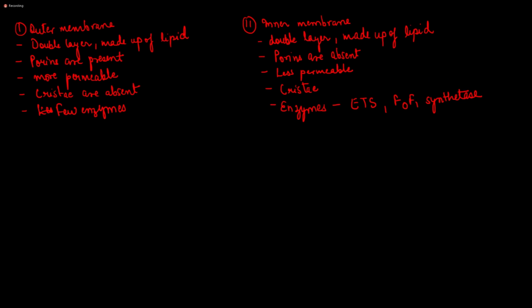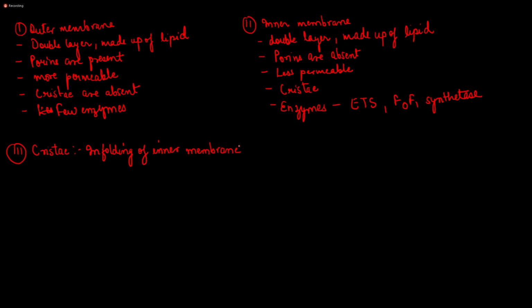So these are the enzymes that are present on the inner membrane. Now, the third component that we saw was cristae, right? So what was cristae? It was infolding of the inner membrane, right?